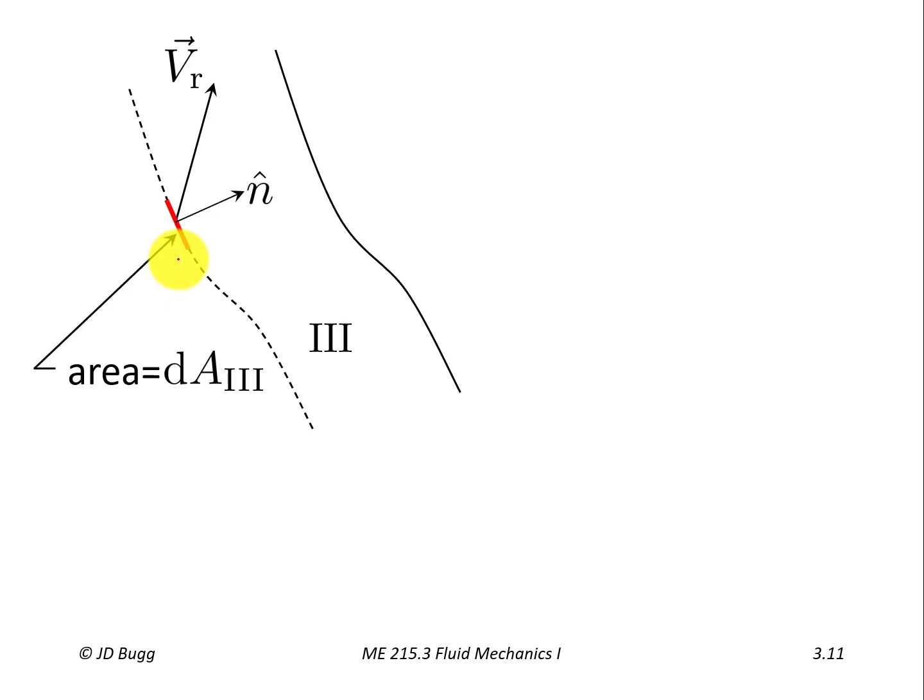We're going to have to be careful that for this v_R term we use the velocity relative to our control surface. And we'll be talking lots about that when we do a series of examples later. So that's the significance of this R: velocity of the fluid relative to the control surface. Why are we interested in the velocity there? Well, because that's going to tell us how much fluid crosses that area dA in time delta t.